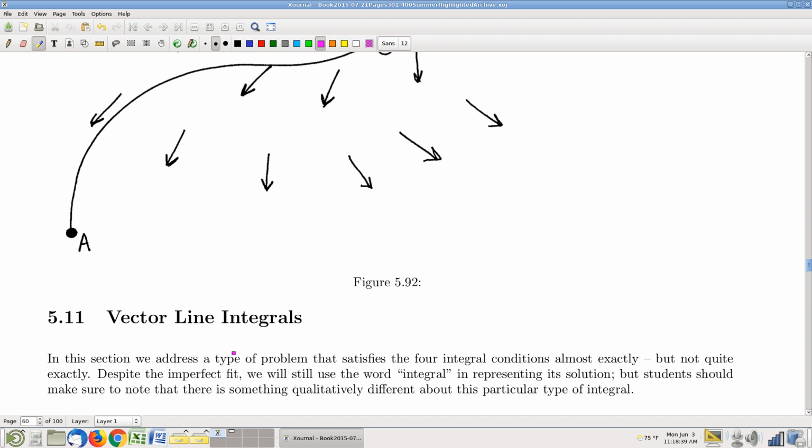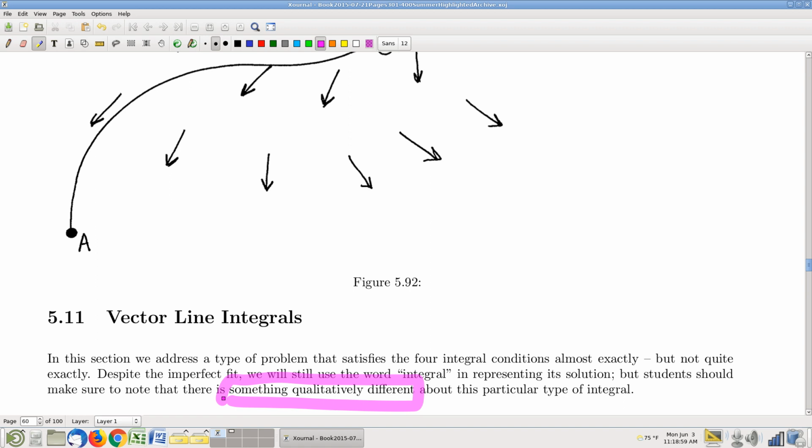Okay, so we're going to define a new kind of integral, and very importantly, I just want to give you the warning: this is not going to be just like all the other integrals we've seen. A common device that I've been using is, hey, every integral that we encounter is all the same, right?